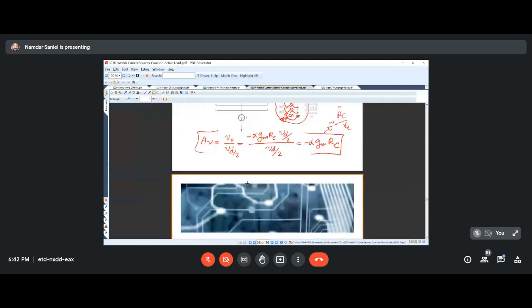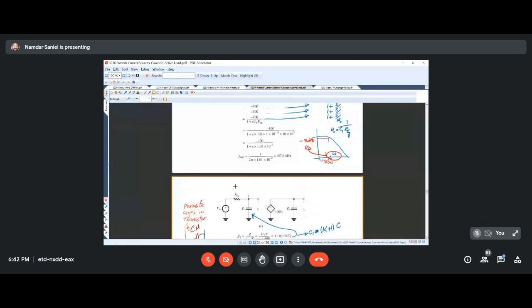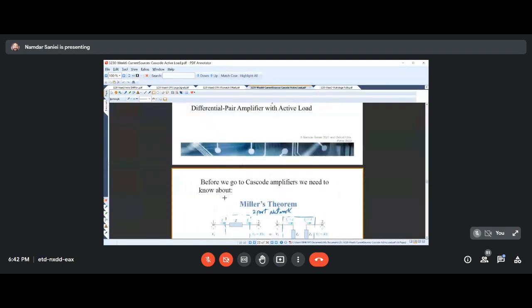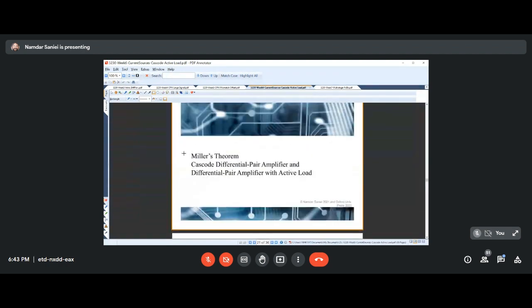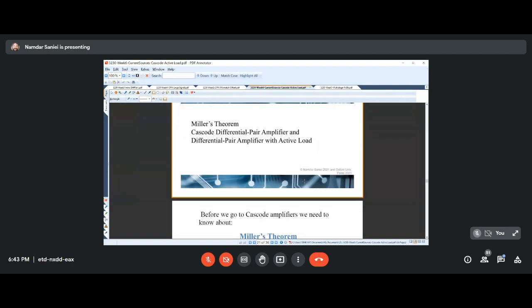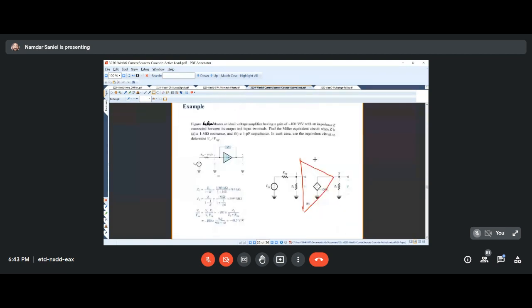And finally, by the way, from the Miller theorem to the end of the active load differential pair amplifiers, I won't be giving you any numerical problems, but you might get some conceptual questions that you have to describe or explain and things like that.